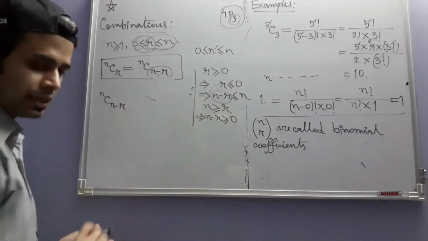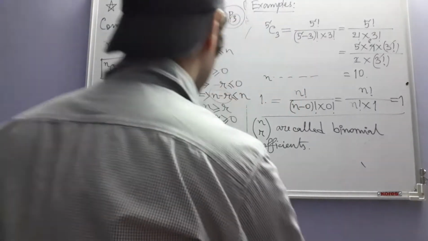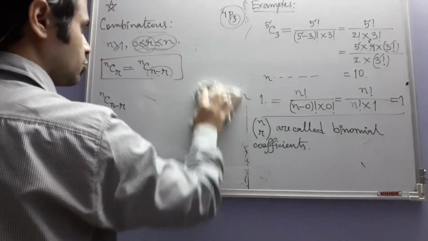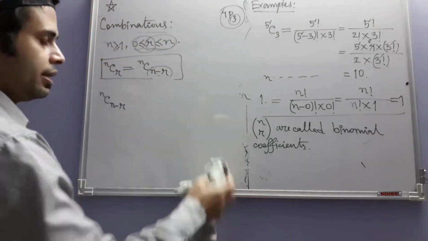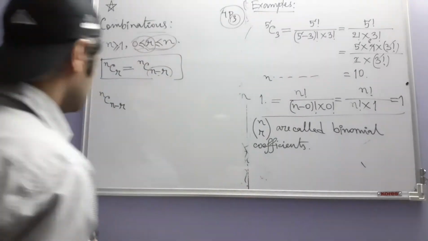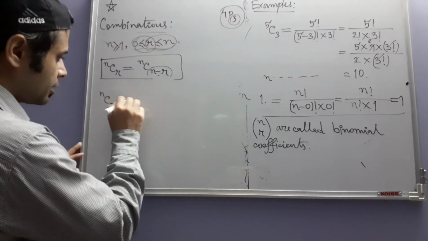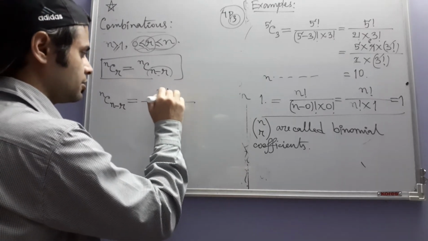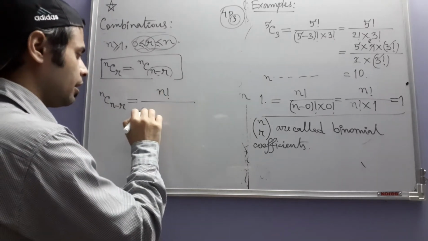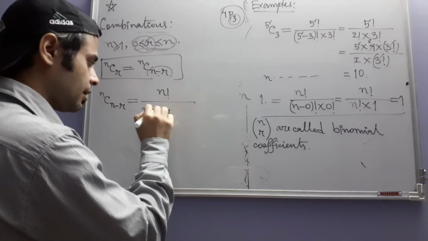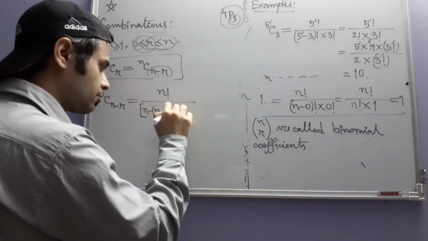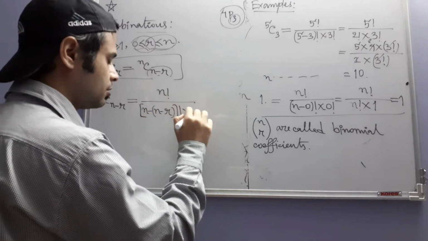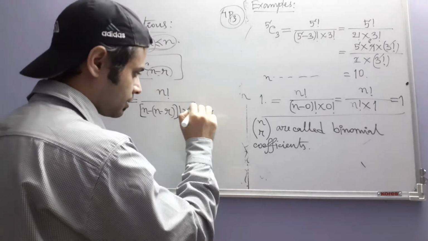Okay, so with these things out of the way, we know that we can write nC(n minus r). So let us now directly use the formula, the expression for this: n factorial over (n minus r) factorial times (n minus (n minus r)) factorial.